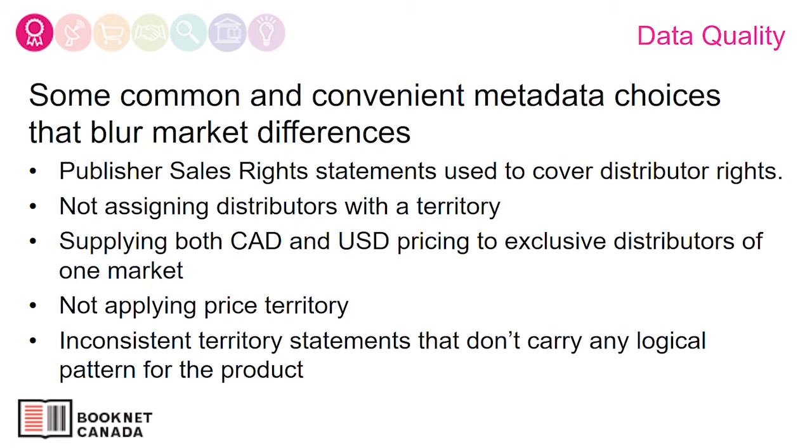Publisher sales rights statements are used to cover distributor rights, not assigning distributors with a territory. Supplying both Canadian dollar and US dollar pricing to exclusive distributors of only one of those markets. Not applying price territory. Inconsistent territory statements that don't carry any logical pattern for that product.